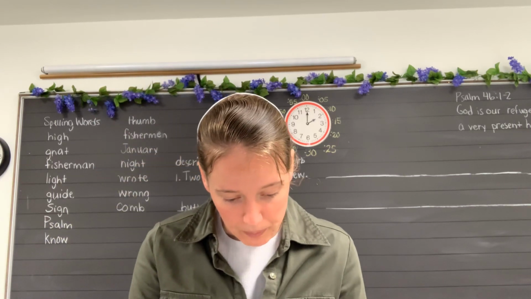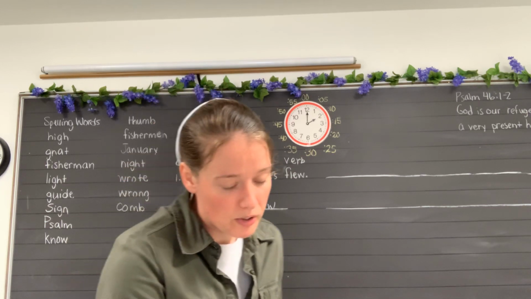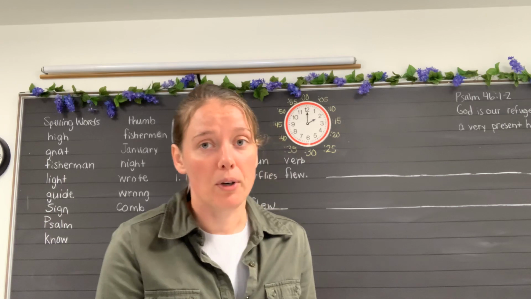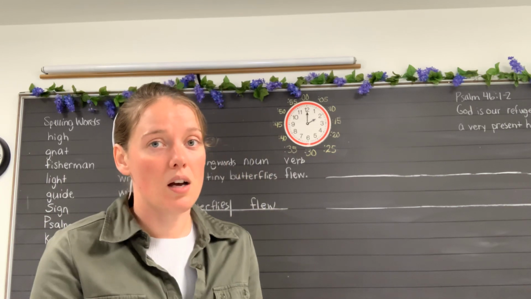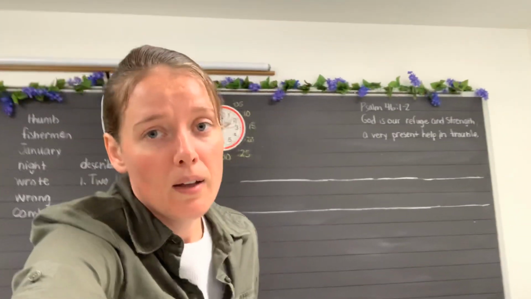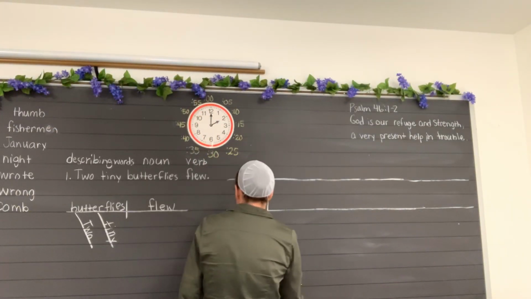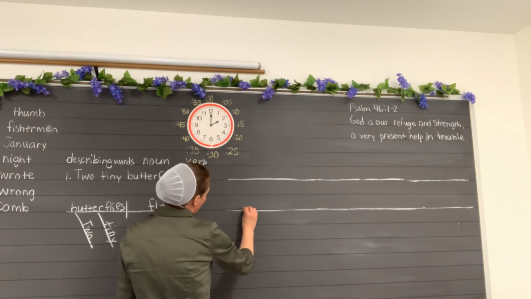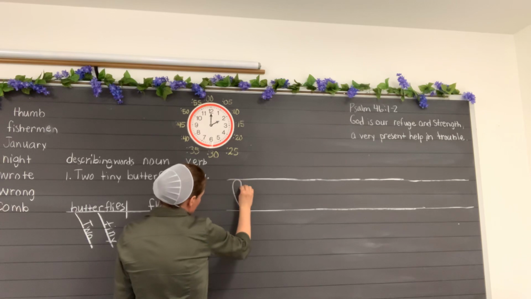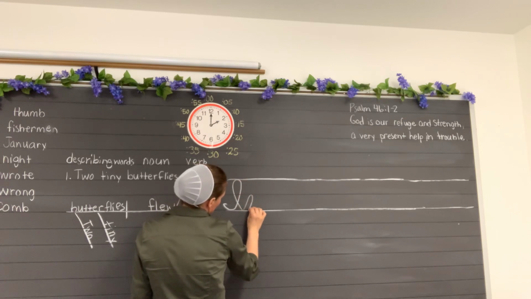So let's now look at penmanship. Today we have the words ice, sly, winter, and Indian summer. So let's practice Indian summer over here on the board. When we write the I, we start on the right, and we go up like this. And then we just slant the other words.